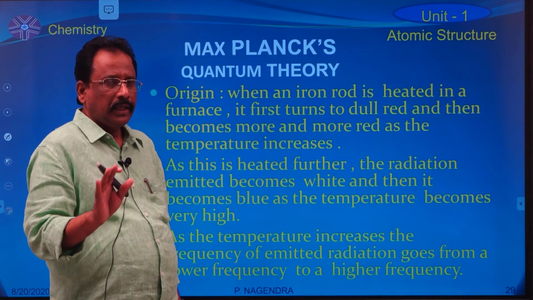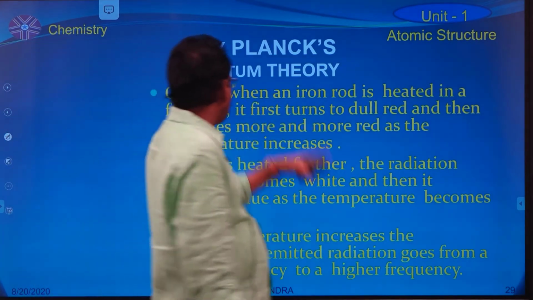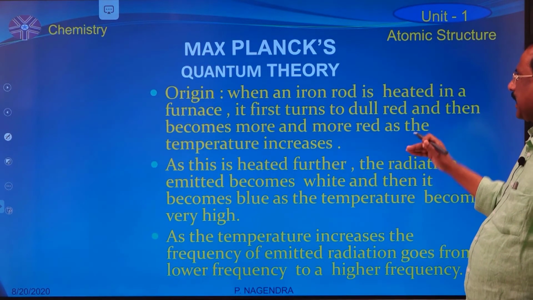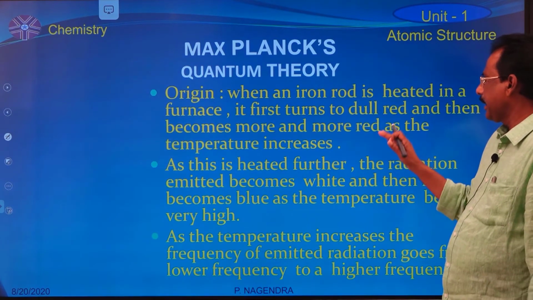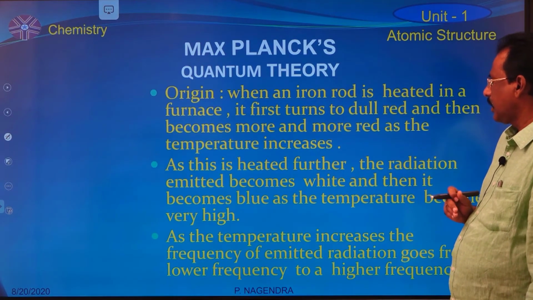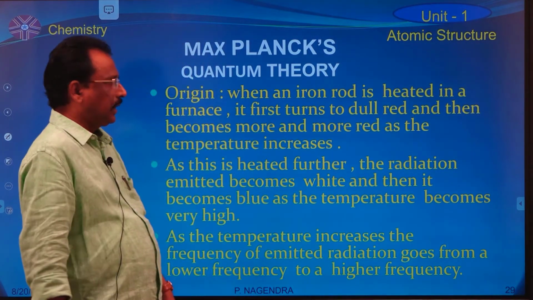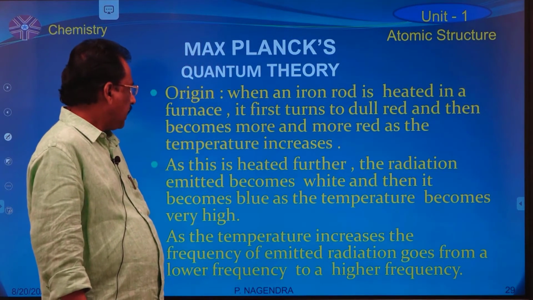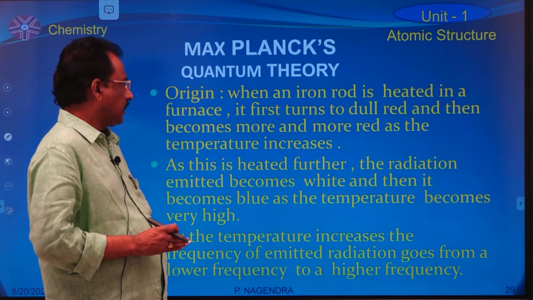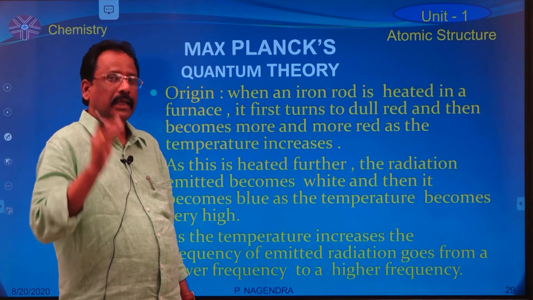Now the next topic in atomic structure is Max Planck's quantum theory of radiation. According to Max Planck, when an iron rod is heated in a furnace, first it turns to dull red color, and then if you increase the temperature, that dull red color becomes more and more red color.